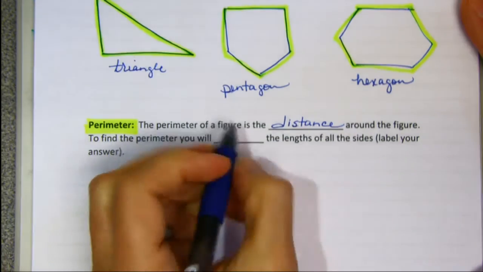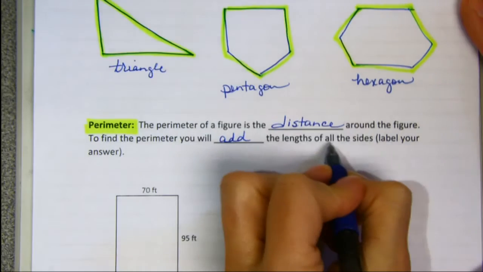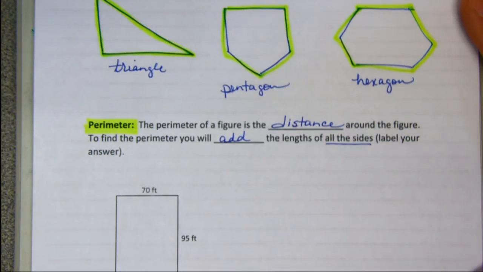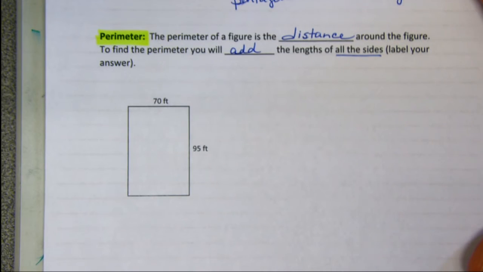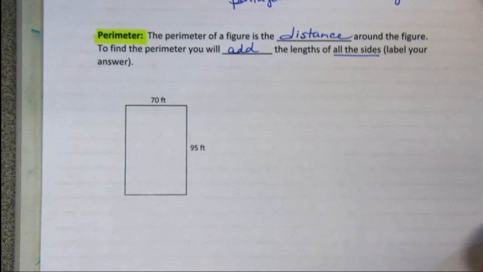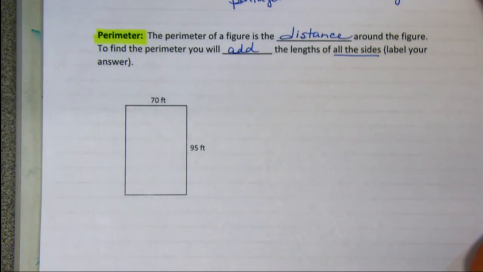Okay? All right, well, how do we find the perimeter? To find the perimeter, you will add the lengths of all the sides, and then don't forget to label your answer. Okay, so here's an example. We have a rectangle, and we're given that this is 70 feet and this is 95 feet.